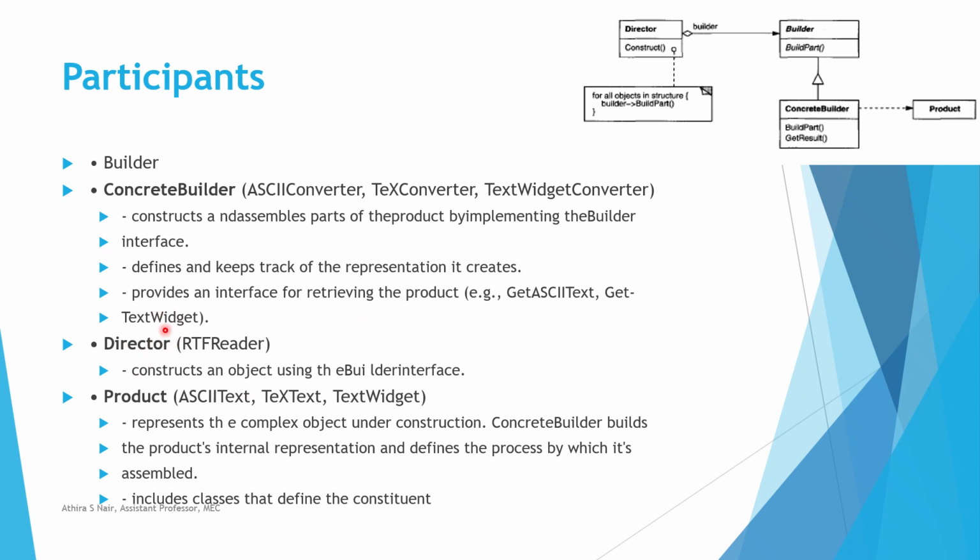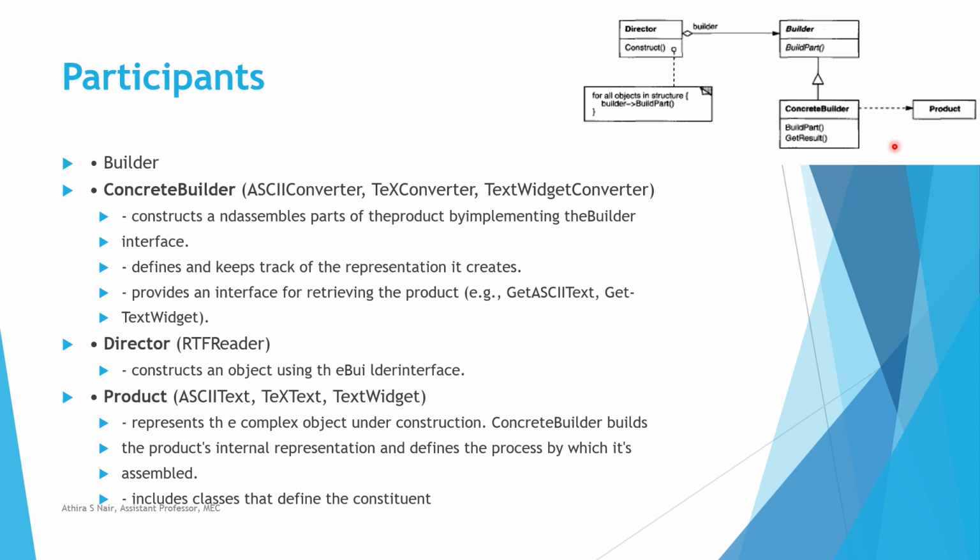Then the third one is director. It constructs an object using the builder interface. The last one is product. It represents the complex object under construction. It also builds the product's internal representation and defines the process. It also includes classes that define the constituent parts, including interfaces for assembling the parts into the final result.